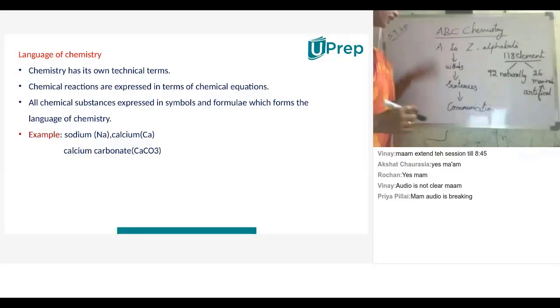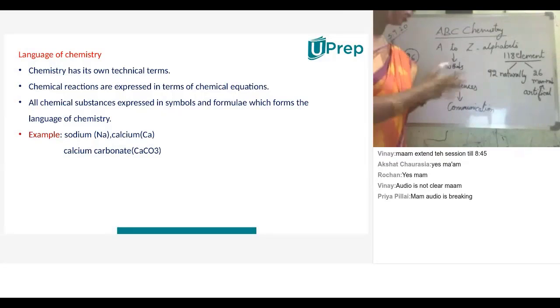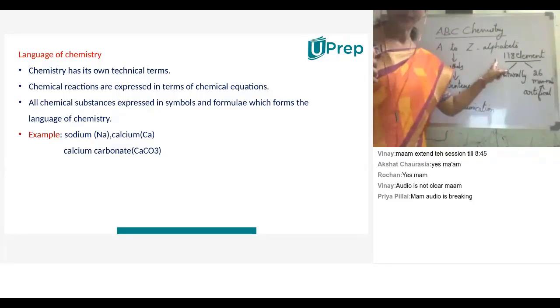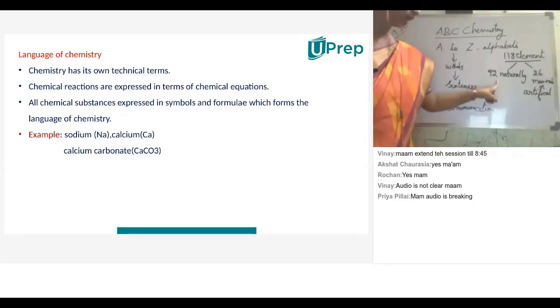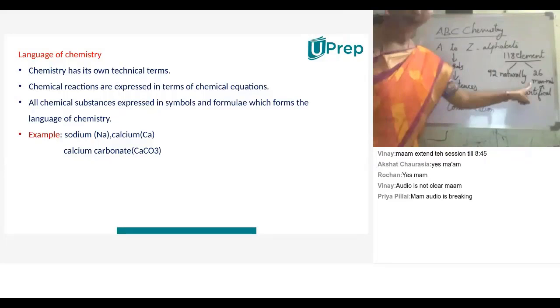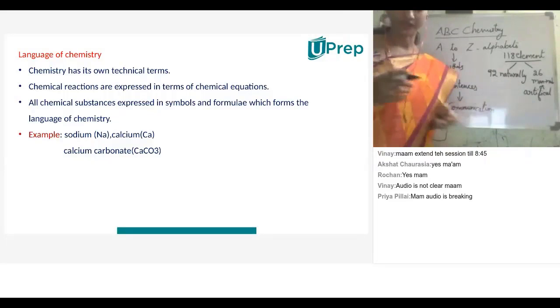We have the A to Z alphabets, how many alphabets? But here, how many elements are present? How many elements, children? 118 elements. Within that, 92 are naturally obtained and 26 are man-made or artificial.